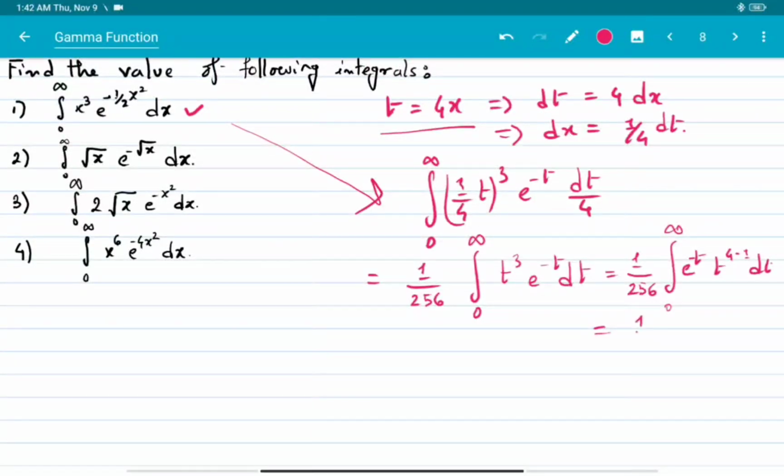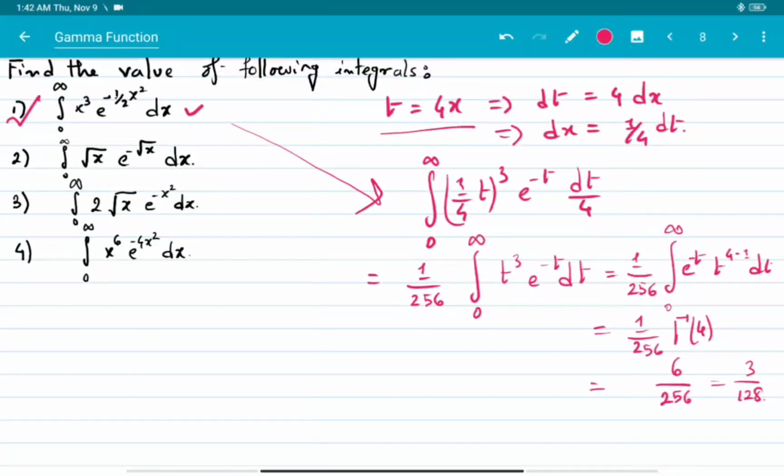So we can write 1/256, and this is gamma 4. So this is nothing but 6/256, which is nothing but 3/128. So this is the value of this integral.